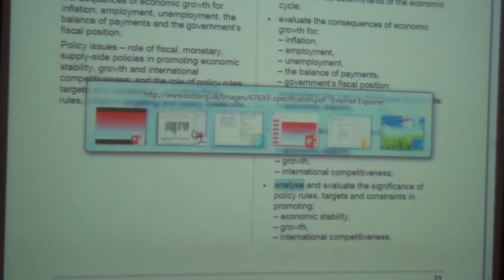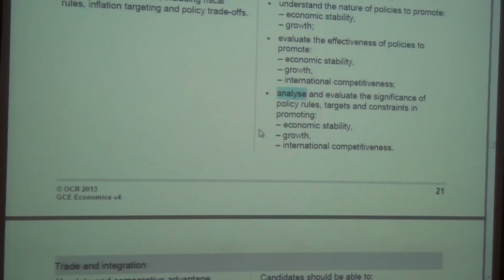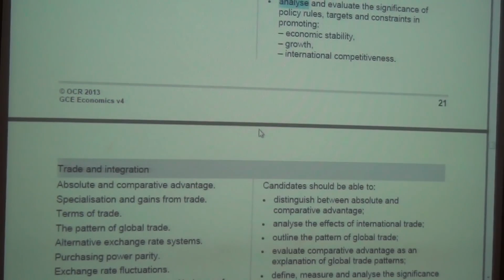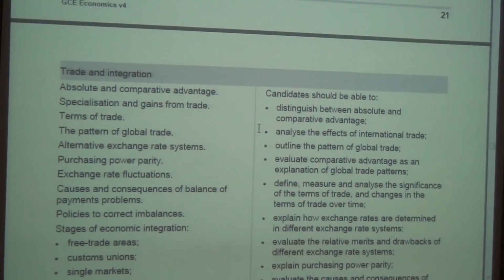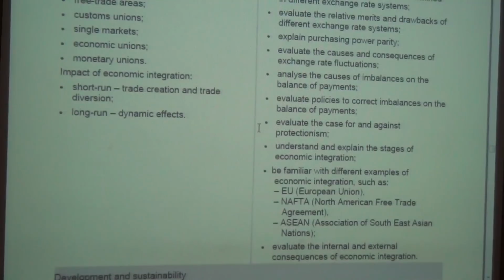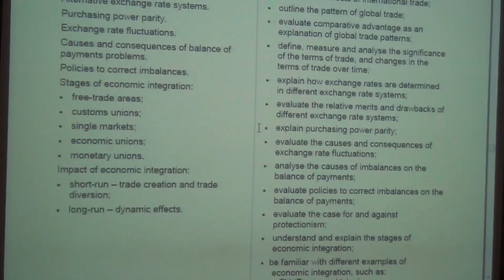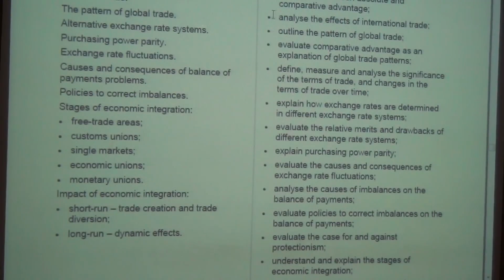So again, we need to consider which area of the specification we're going to be looking at here. So we've got a little bit on net trade obviously, in terms of imports and exports and all that type of thing. So there's a little bit of that here, analyse the effects of international trade.